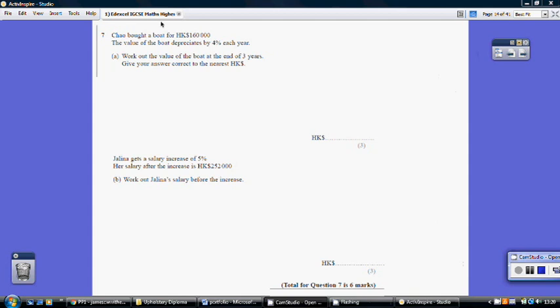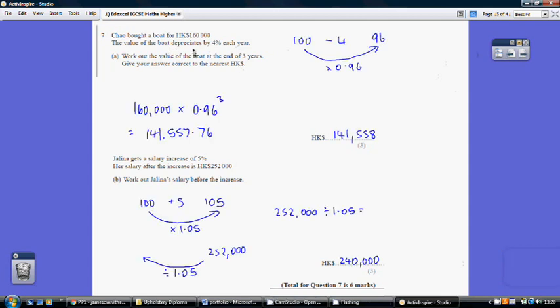Question 7a. Work out the value of the boat at the end of 3 years. So the boat depreciates, that means loses value by 4% each year. So if we had 100% to start with, each year we're losing 4%, leaving us with 96 at the end of the year. So what's our multiplier if we have a 4% depreciation?